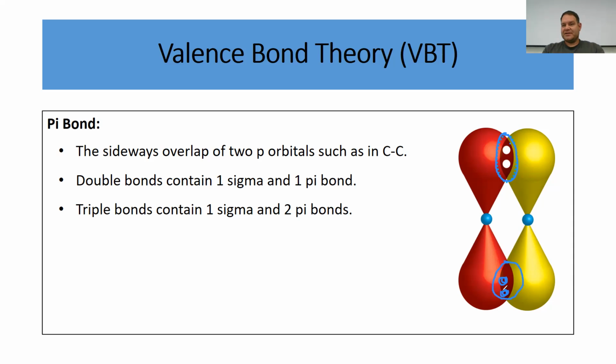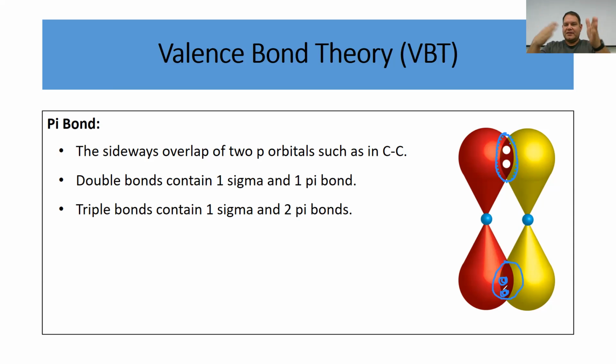That's essentially what a double bond is. One covalent bond is sigma, and the other covalent bond is a pi. So we have a sigma, pi to create a double bond. In a triple bond, we have a sigma bond, a pi bond, and then a second pi bond. The way I like to look at it is a triple bond is a sigma, pi, and then pi. Sigma, pi, pi.